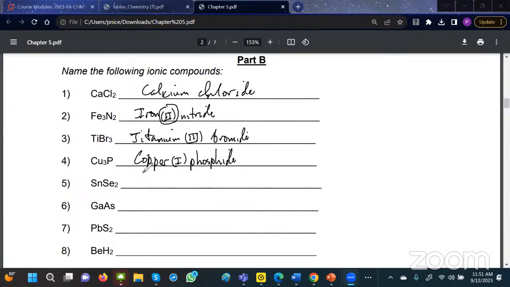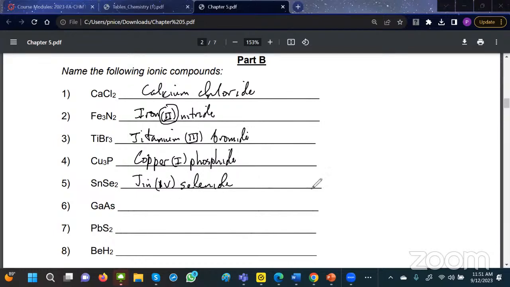Anybody? What's the name of the fifth one? Tin(IV), whoops, 4 is IV in Roman numerals. And then what? Selenide. Okay, so I think you guys got the gist of it.